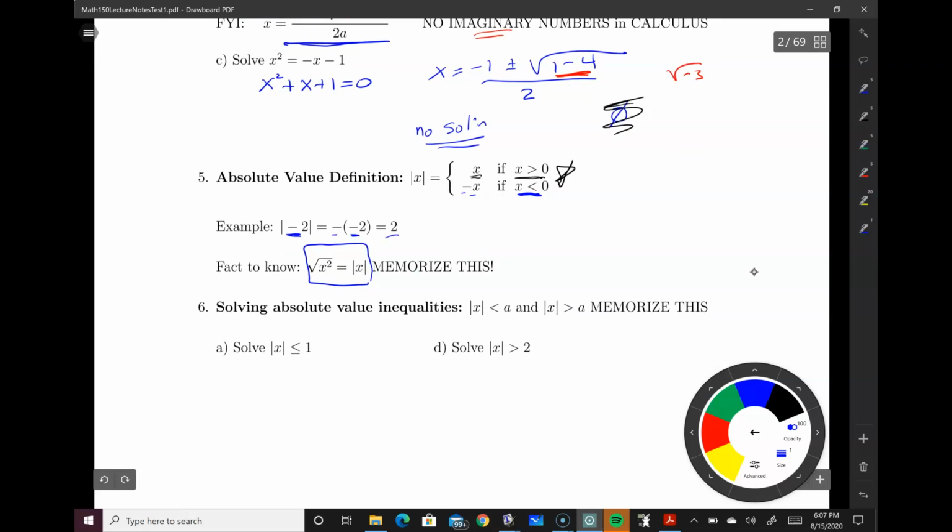This is a fact that's going to come up. We're going to be using this algebraic fact: the square root of x squared is equal to the absolute value of x. Because if I take the square root of, say, -3 squared, that's the square root of 9, that's positive 3. So we always get the positive answer if the radical is written down.